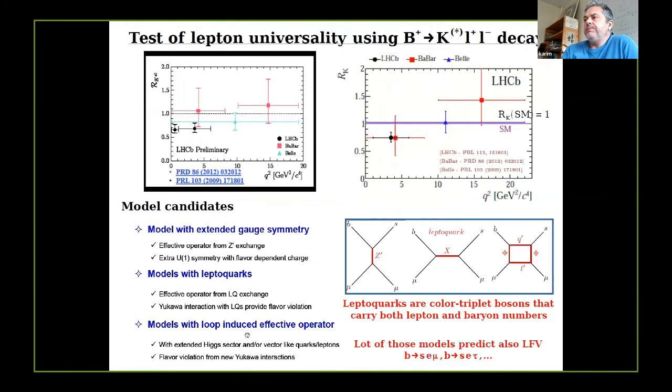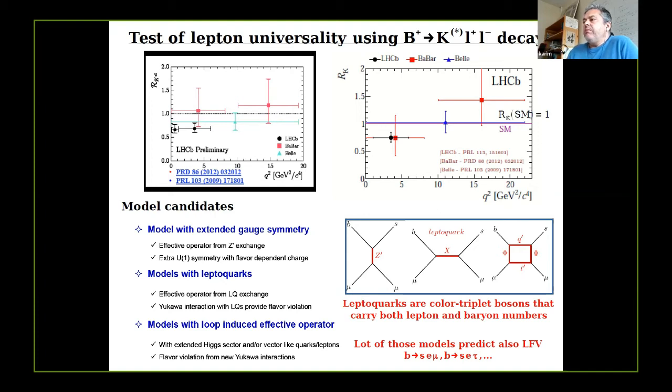Okay, so this is an exciting sector and gets a lot of attention because, as I said, it's among the strongest deviations we have seen or remaining until now. And there is a lot of activity in theory proposing explanations for those deviations.